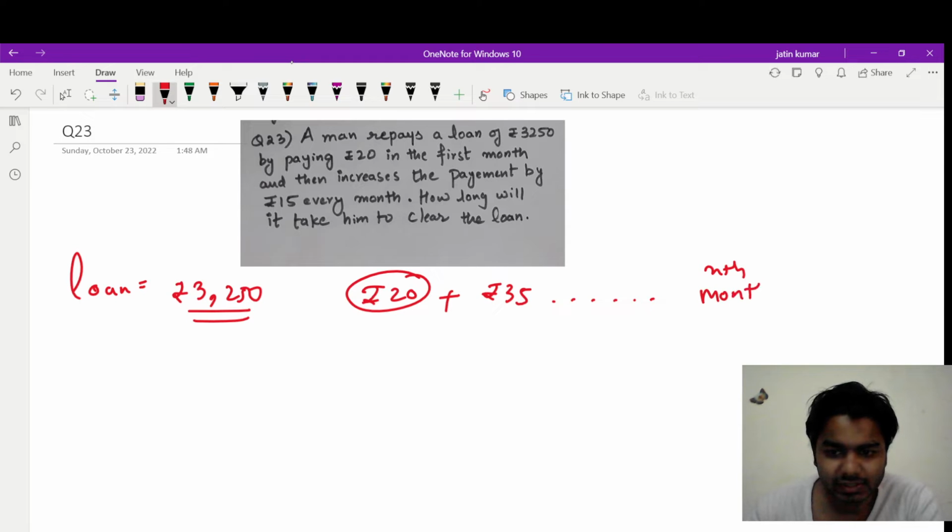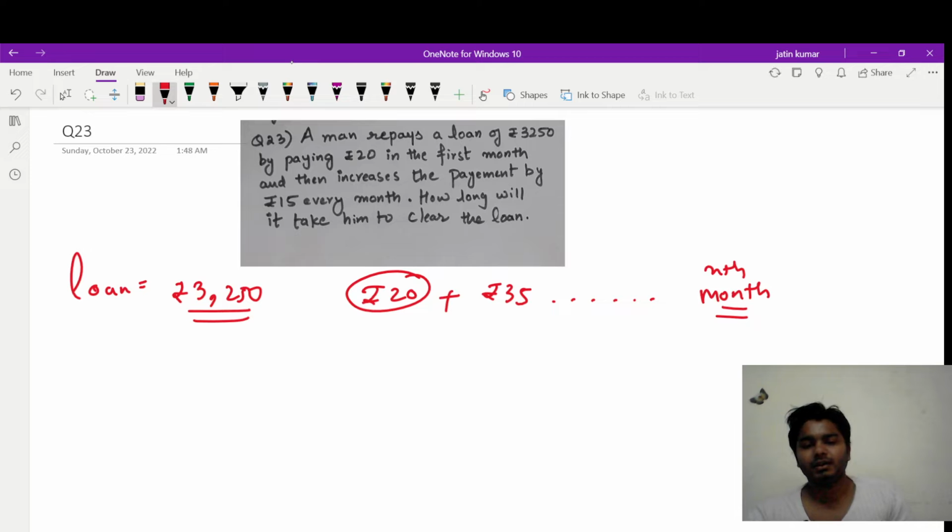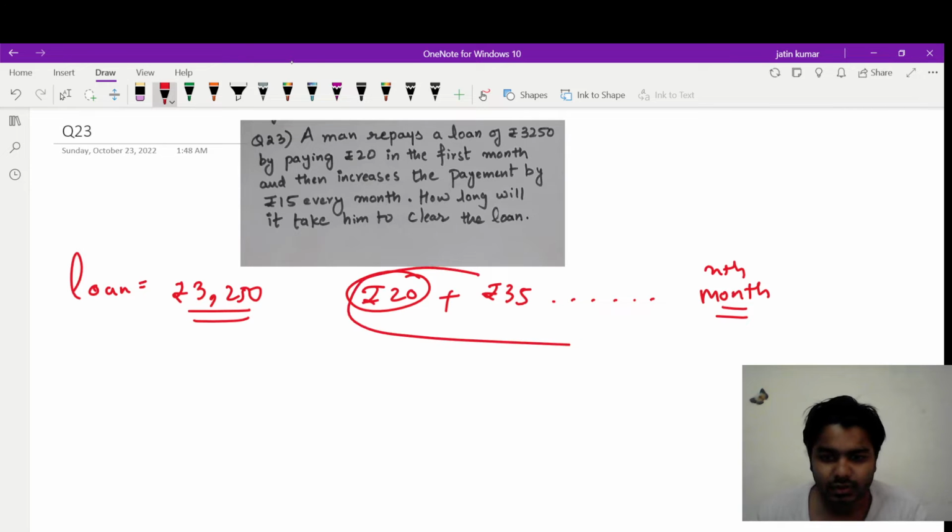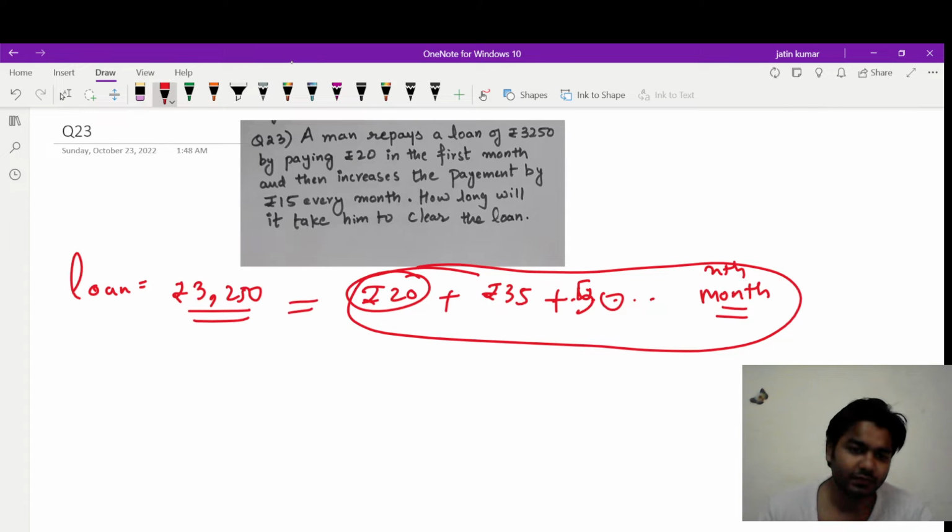Till the nth month he will pay some amount. Now the addition of all installments should be equal to 3250. I hope you have got the concept. The bigger amount was broken into smaller amounts. They should be equal, so we will apply the sum formula.